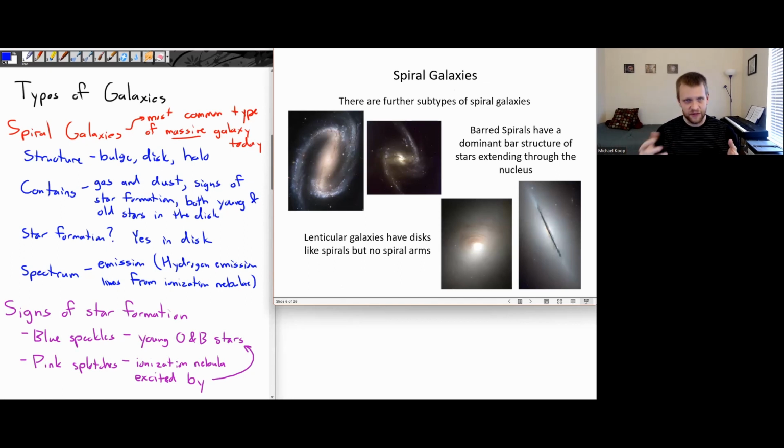They still have the disk, the bulge, and the halo, but they don't really have spiral arms like the other galaxies that we've seen. Again, just pointing out that there are subtypes of galaxies. We're not going to worry about these specific subtypes of spiral galaxies too much, just knowing that there are further details and further patterns that we see in different groups of galaxies.